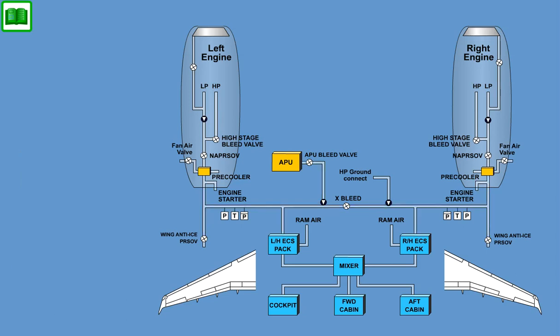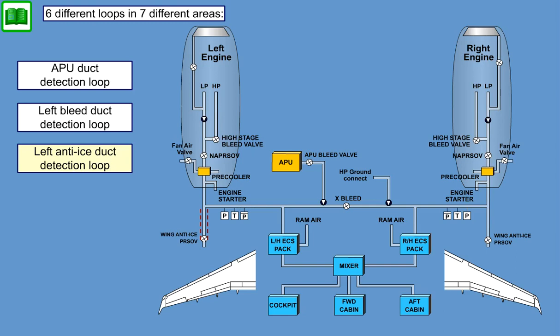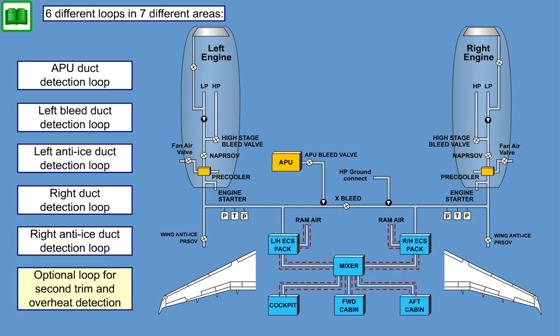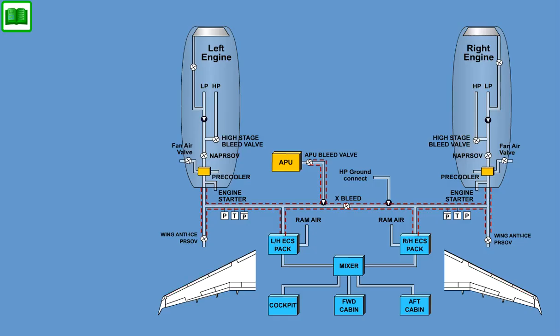The overheat detection system includes 6 different loops in 7 different areas: APU duct detection loop, left bleed duct detection loop, left anti-ice duct detection loop, right duct detection loop, right anti-ice detection loop, and an optional loop for second trim overheat detection. The overheat signal is used for crew alerting and to isolate the appropriate duct sections either automatically or by crew action. Each loop is duplicated and runs parallel to the bleed ducts.